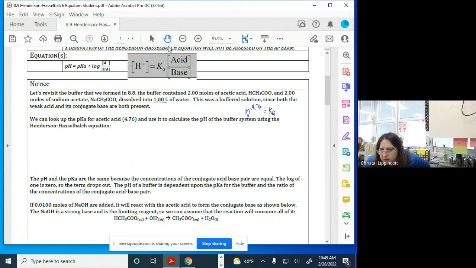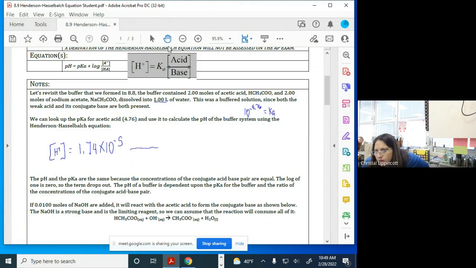We're calculating the pH, so that's going to be H+ here, equals our Ka value, which is going to be 1.74 times 10 to the minus 5.